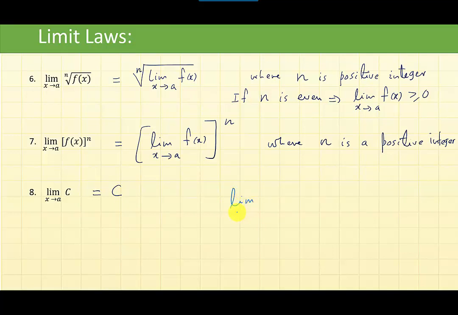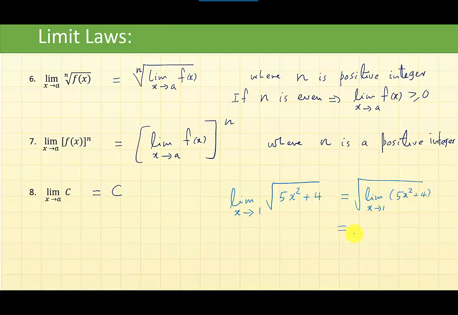Suppose we want to find the limit as x approaches 1 of the square root of 5x squared plus 4. We can take the limit inside the square root by this rule. So we get the square root of the limit as x approaches 1 of 5x squared plus 4.